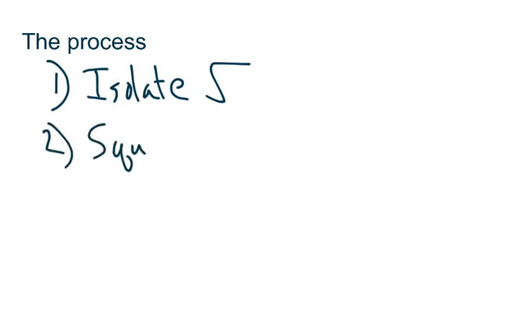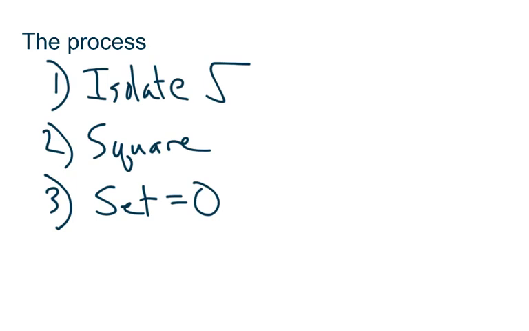It's a little complicated, but I've narrowed it down to about 5 words, give or take. First one, just the same as part 1: you have to isolate the radical. Get that by itself. Then you will square both sides. After that, you have to set equal to 0, because odds are, especially if you have two variables, one under a radical and one not under a radical, you're going to have an x squared situation.